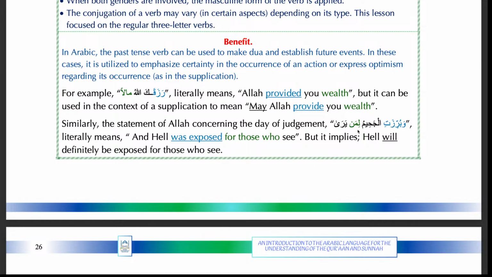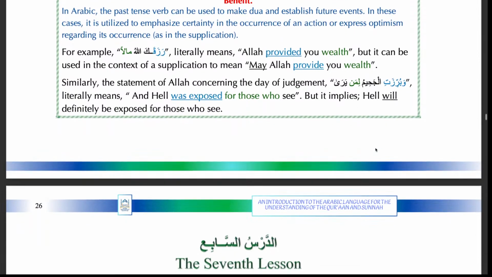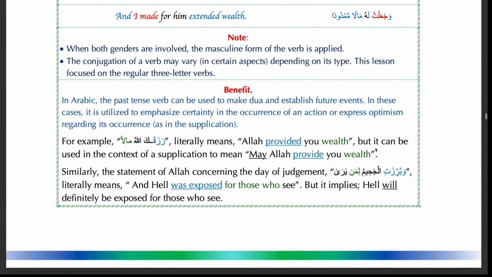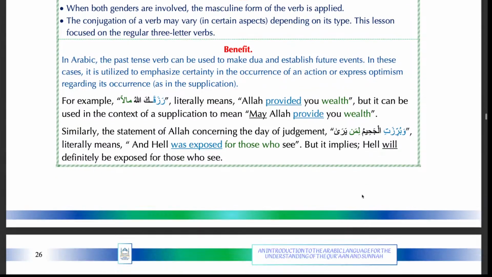But you're making dua, so it means may Allah reward you with good, but you use the past tense as a means of optimism. That's why you use the past tense for the dua. Now that's one of the ways of making dua. You can use the present tense, like when you say Yarhamukallah, may Allah have mercy upon you.